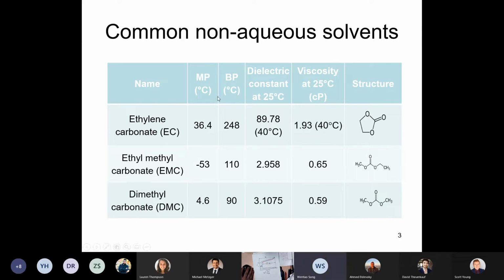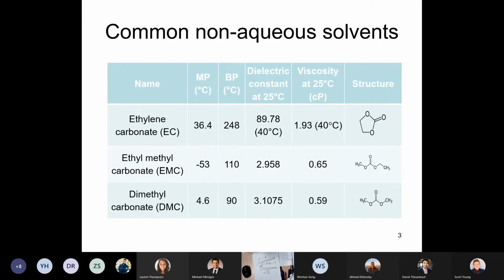Someone had a question. For the properties of the EMC and DMC, they are relatively close. So why, for one of our electrolyte blends, do we need that 5% of EMC? Yeah, that's a historical component that Panasonic puts in their cells.